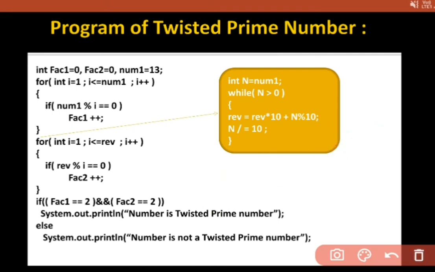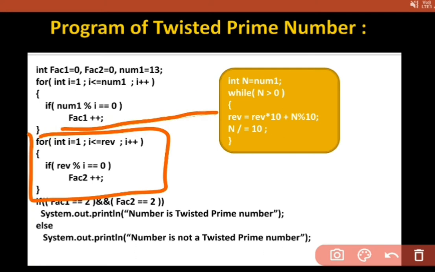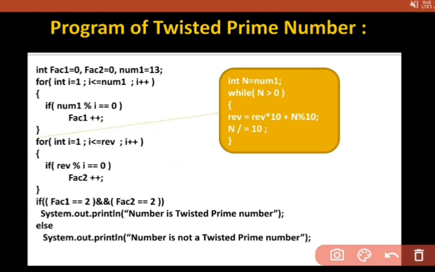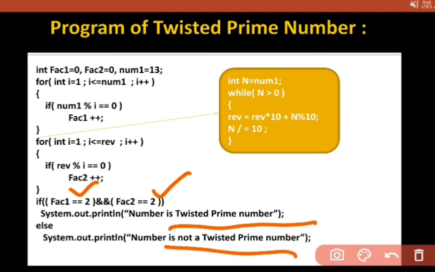Now, in this program, what do we want? The factors of the first number, then the factors of the reversed number. But before that, we have to find the reverse of a given number. We already have the logic of reverse. After reversing it, we have to check the factors of the reverse, and if both the factor counts are equal to 2, then it is said to be a twisted prime, else it is not.